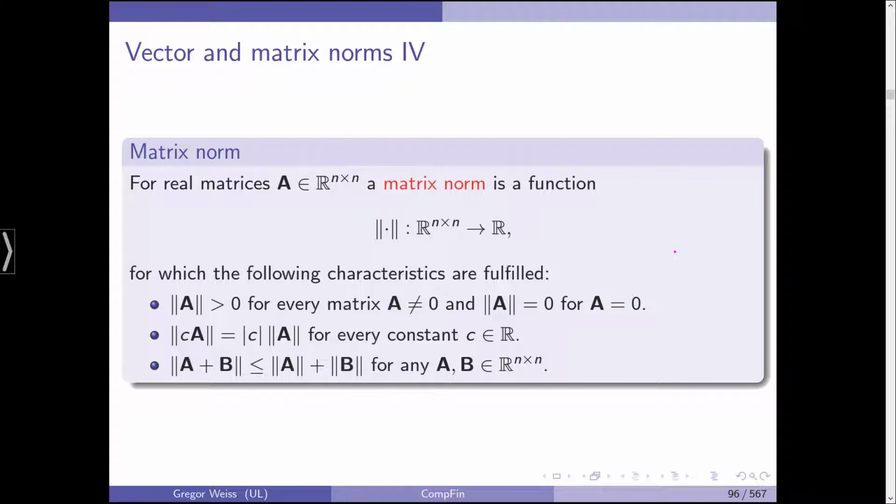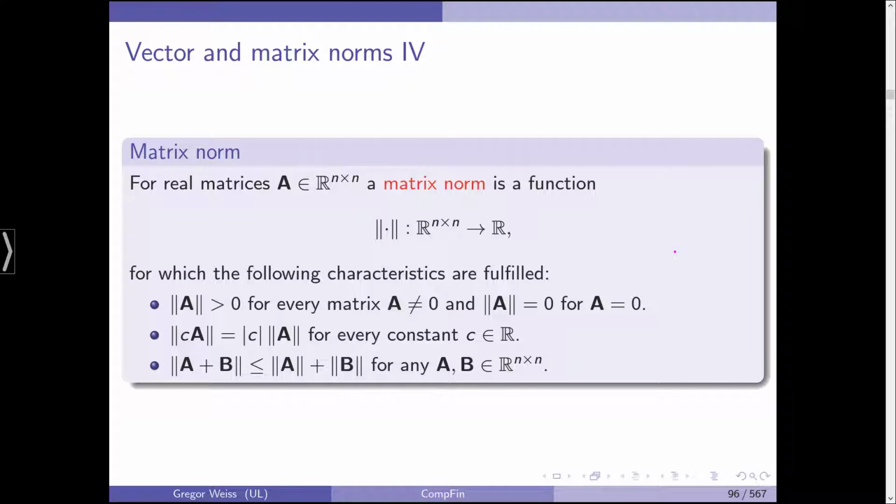We now also need this for a matrix. Similar properties. A matrix norm is a function on the set of now square matrices. It doesn't work for n times m matrices. It's defined on the space of n by n real matrices into the real numbers.